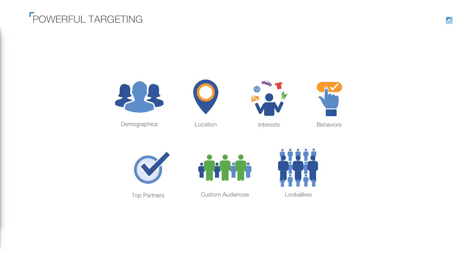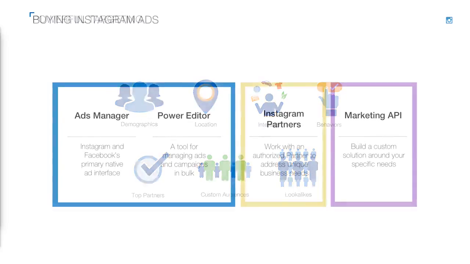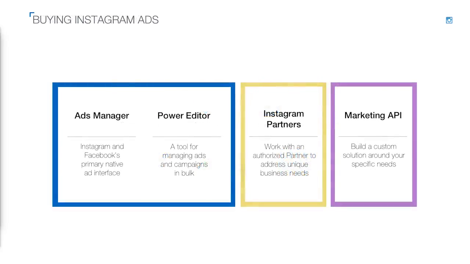And features that have been really hardworking for advertisers on Facebook, like custom audiences, which allows you to reach, say, your email list or website visitors on Facebook, also work on Instagram as well. So the power of targeting on Facebook now extends to Instagram, which is really great and a big change that we rolled out just a couple of months ago. So how do you buy Instagram ads?